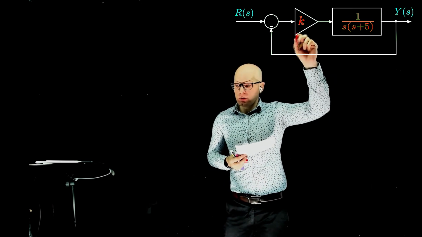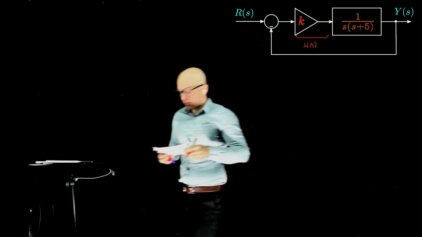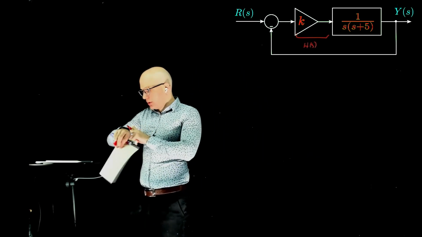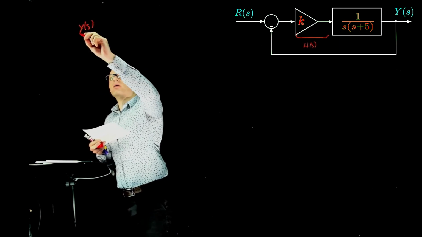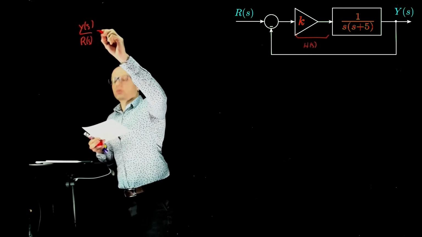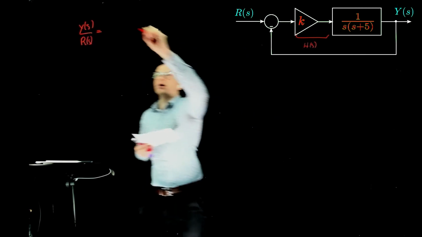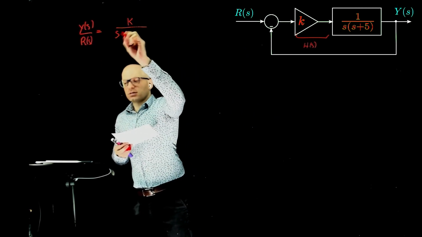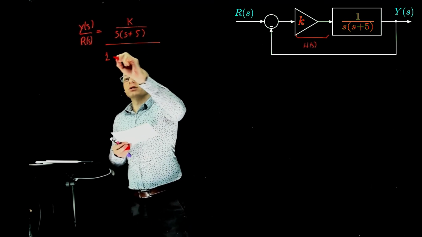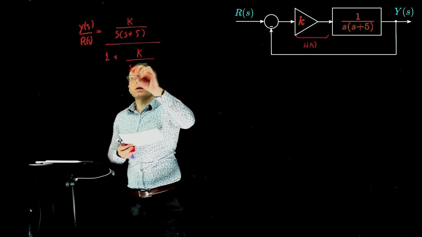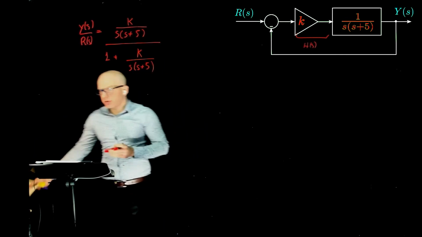So if this whole thing here is h of s, K over s squared plus 5s plus K, correct. So h of s is this times that: K over s plus 5, divided by 1 plus K over s plus 5. What do we do next here? We can find a common denominator.